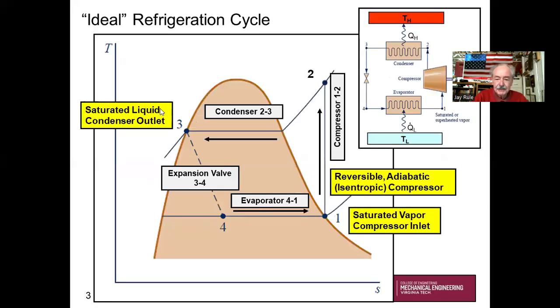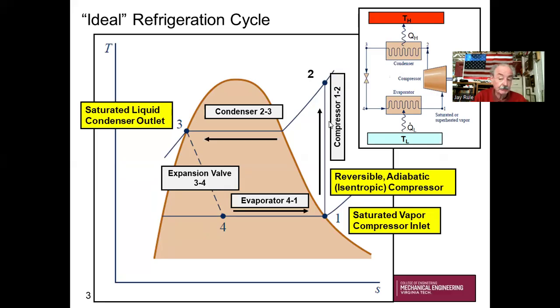I tried my best to cover basically the ideal refrigeration cycle. Let's refresh our memory on what is the official definition of the ideal vapor compression refrigeration cycle. Well, the compressor, we're going to model the compressor always as adiabatic. But for the ideal cycle, we're going to also say the compressor is reversible.